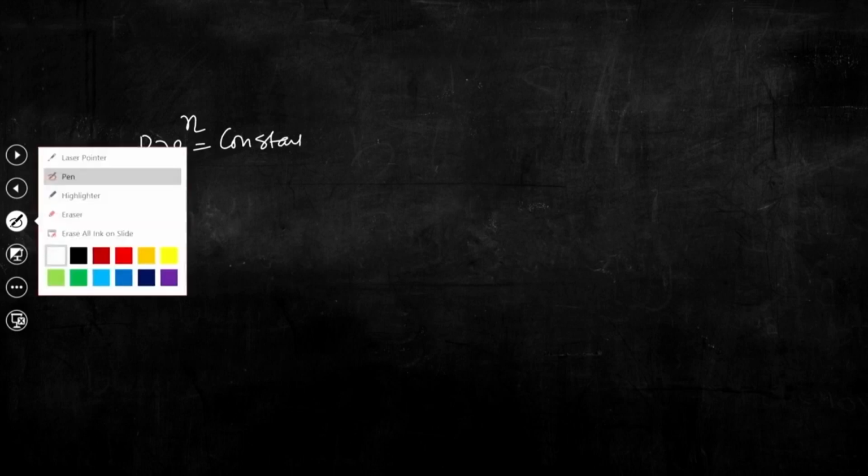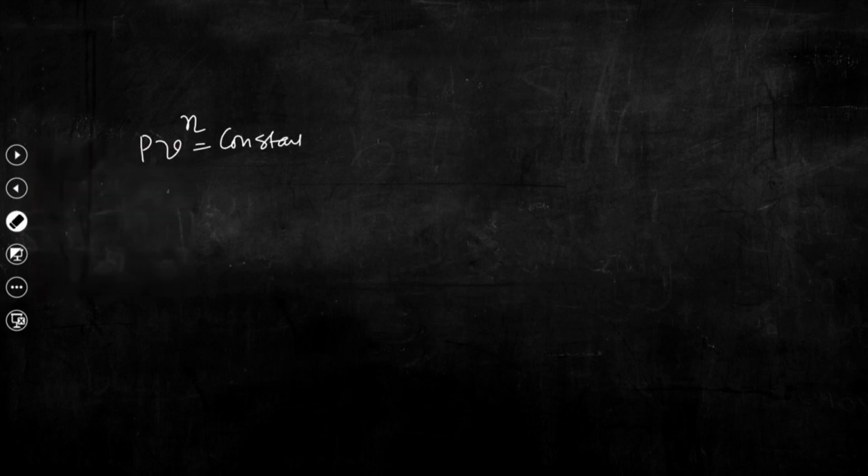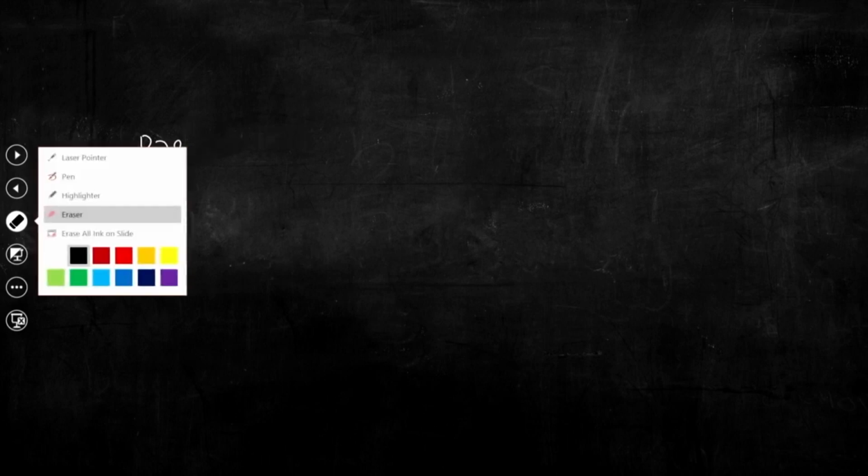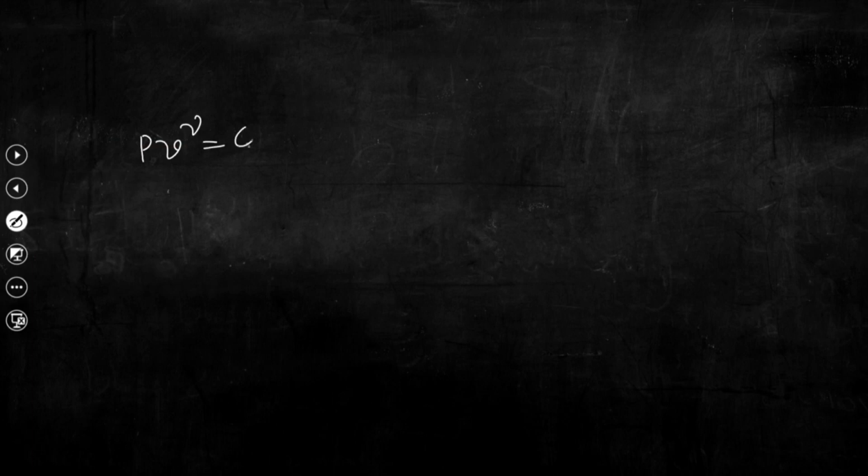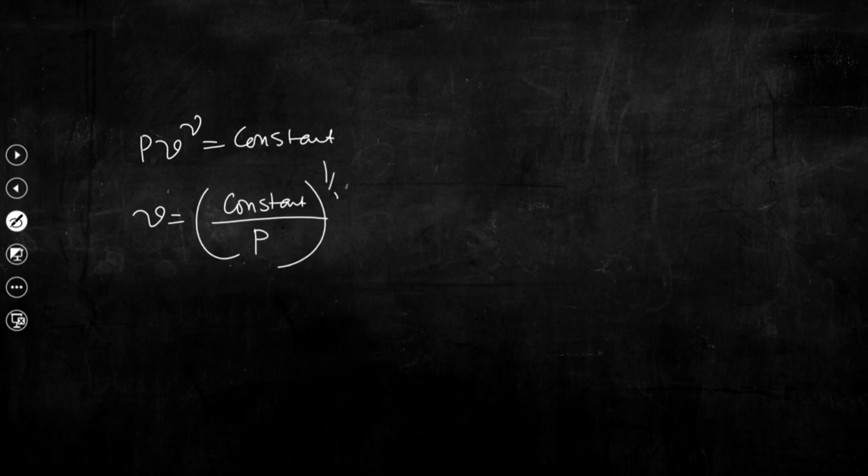Let us consider PV to the power gamma equal to constant, then V equals constant by P to the power 1 upon gamma.